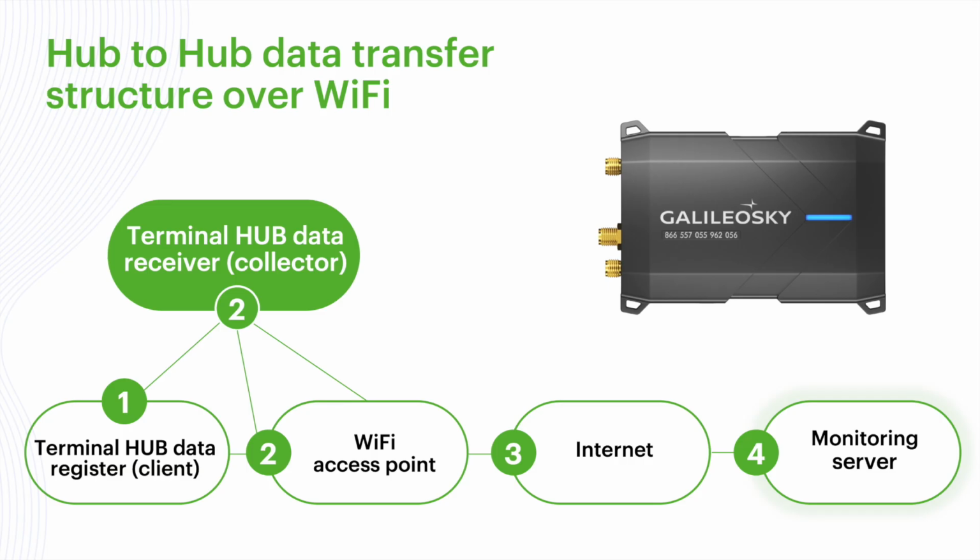vehicle, and in this time in which these two vehicles are close to each other, they transmit data from the client, from the vehicle that's isolated, and send the data to the other one.